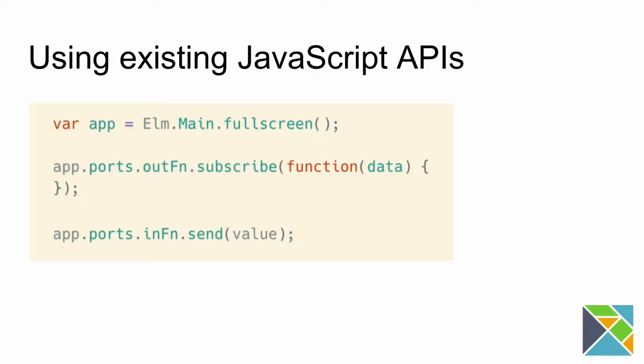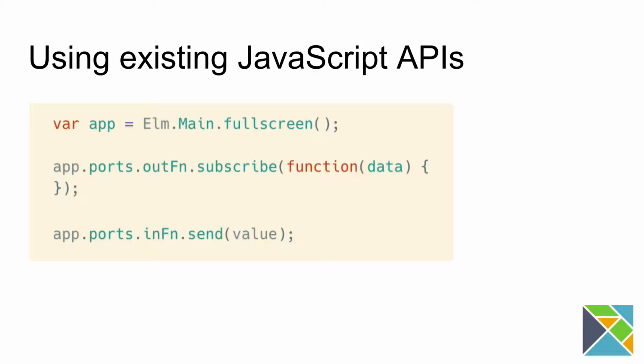And the out function has a subscribe method. So every value I send from Elm is triggered here, handled asynchronously through the callback, which accepts a data. Because there is only one argument, the data is only one value, and this can be either a primitive value or an object. The programmer needs to handle that and also know that there could be errors here.